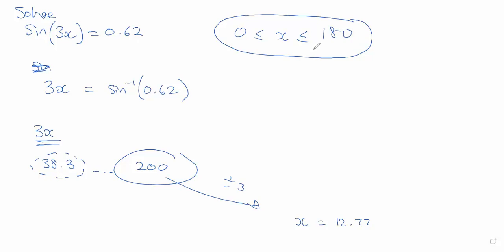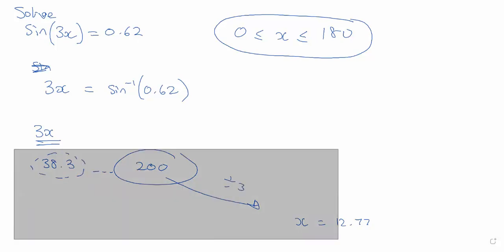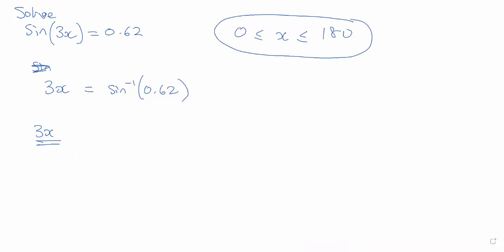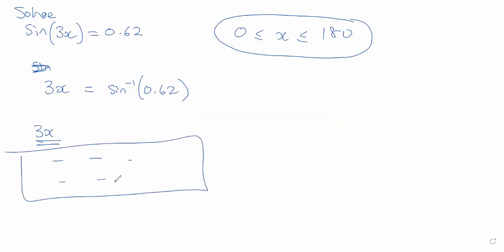Does that make sense? So we're going to be doing this question in 2 stages. We find all the valid answers for 3x, then divide all of them by 3 to get our answers for x.